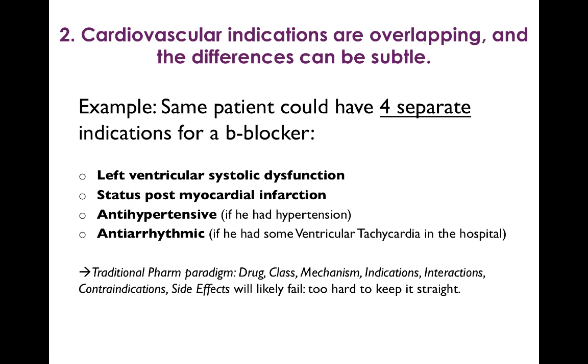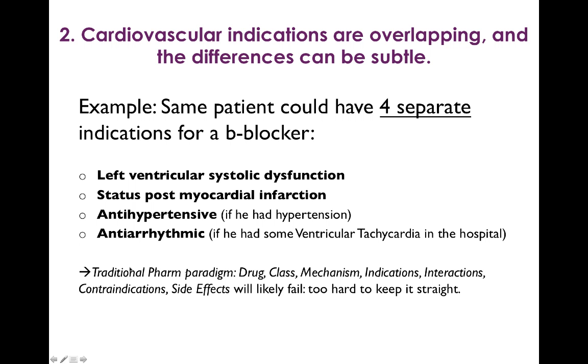Since they're status post-myocardial infarction, they also qualify for a beta blocker. If the patient, let's say, had high blood pressure, a beta blocker might be a good antihypertensive for them. If the patient had an arrhythmia, for example, ventricular tachycardia, say in the CCU after the infarction, the beta blocker might be used to suppress ventricular tachycardia, as an antiarrhythmic. So 4 separate indications for the same patient, all in the same wheelhouse, somewhat overlapping indications.